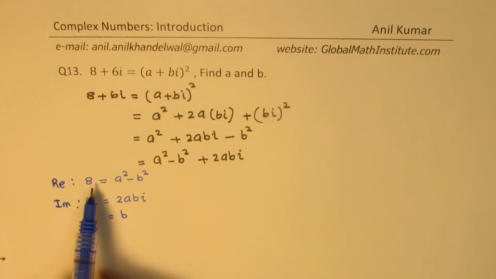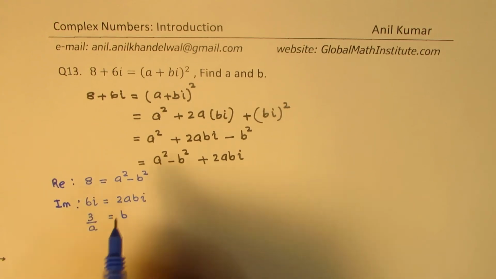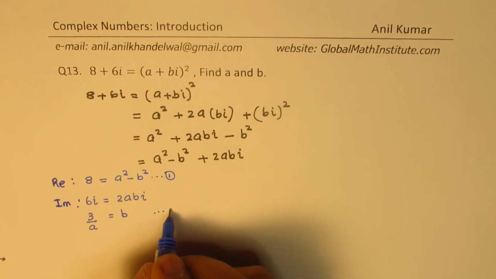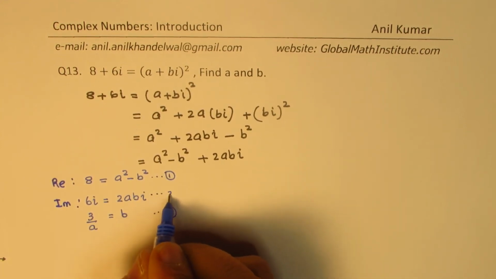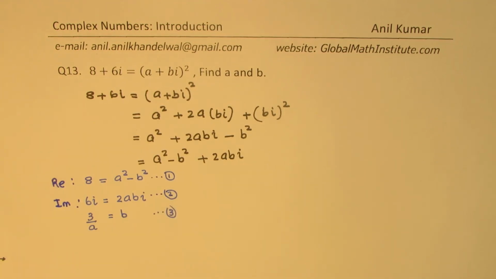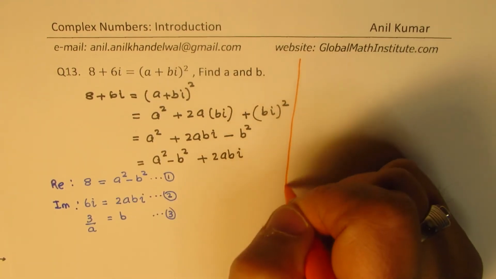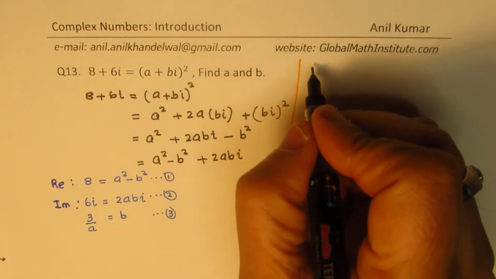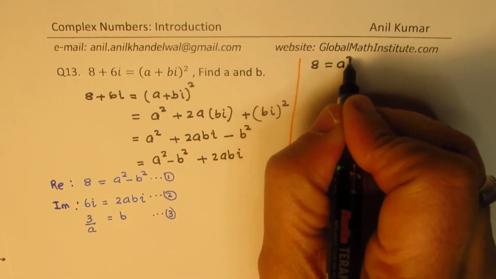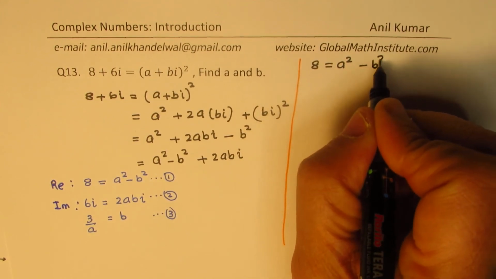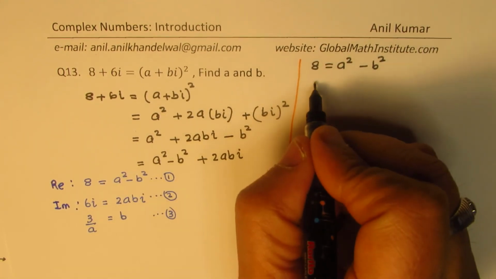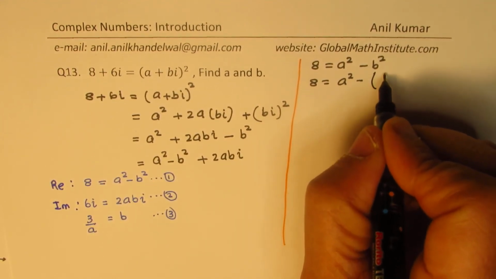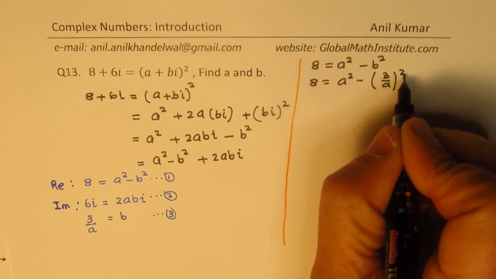Substituting b = 3/a in our first equation, we should be in a position to solve. Let's say this is equation 1, and that is equation 3 for us. We'll term this as equation 2. Now let's try to solve. We have 8 = a² − b², and b is 3/a.